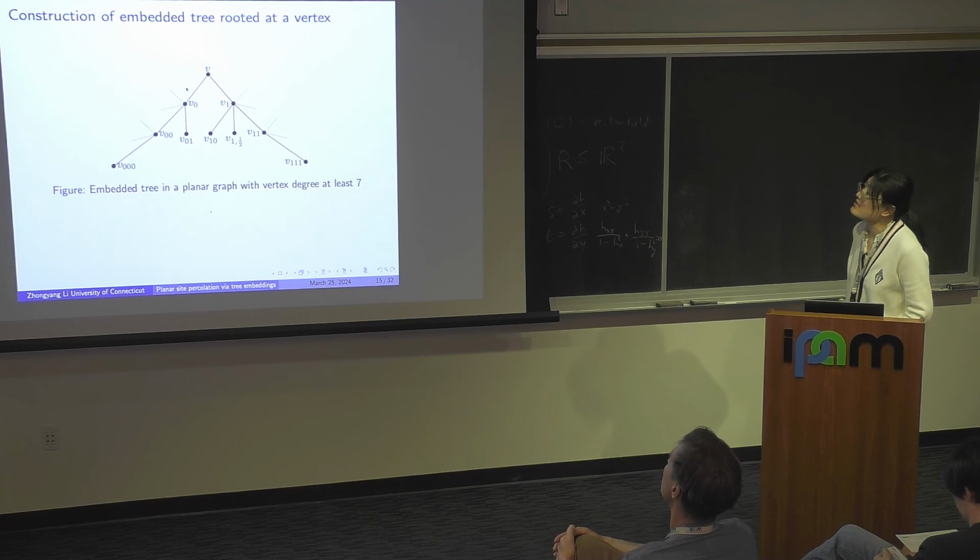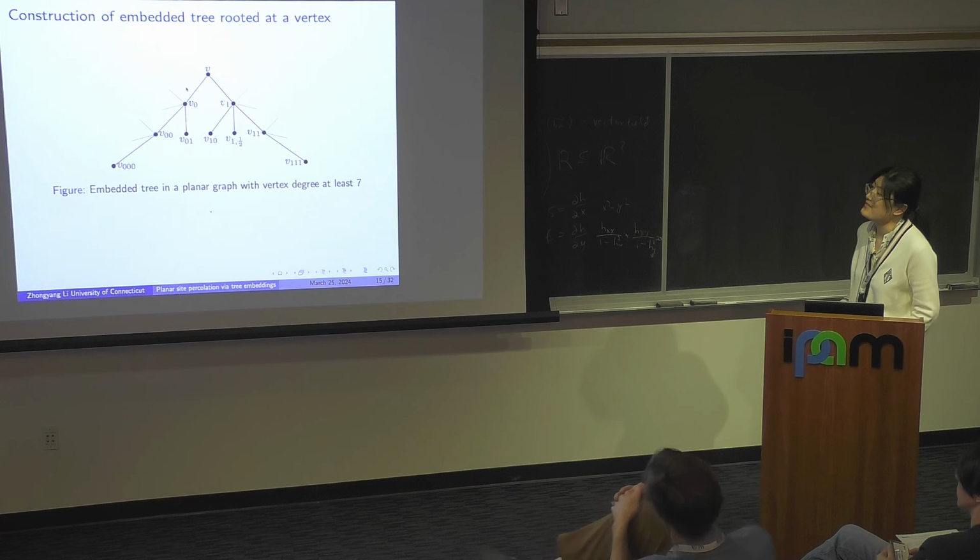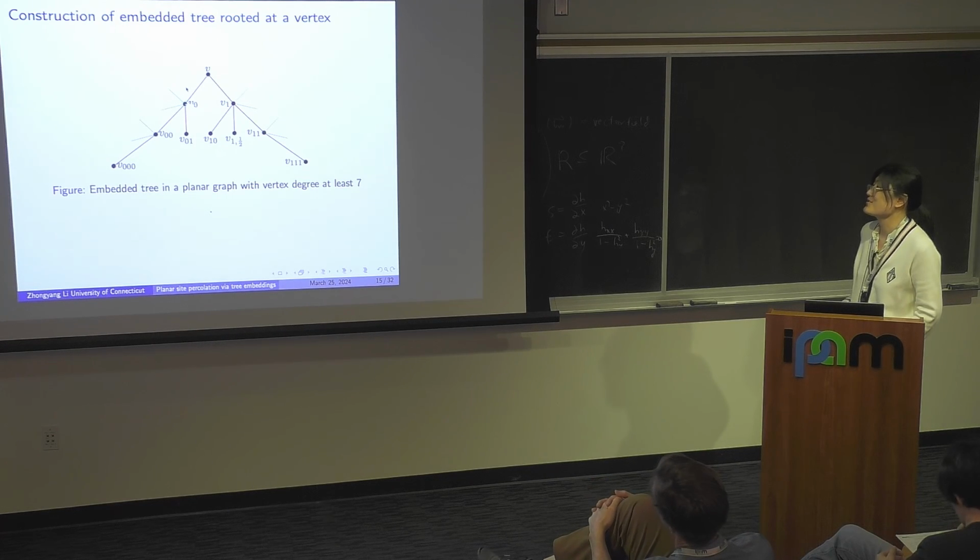Then from V0,0, we construct a tree isomorphic to the tree rooted at V0. From V0,1, we construct a tree isomorphic to the tree rooted at V1. From V1,0, a tree isomorphic to the tree rooted at V0. From V1,1/2, a tree isomorphic to the tree rooted at V0. And at V1,1, a tree isomorphic to the tree rooted at V1.